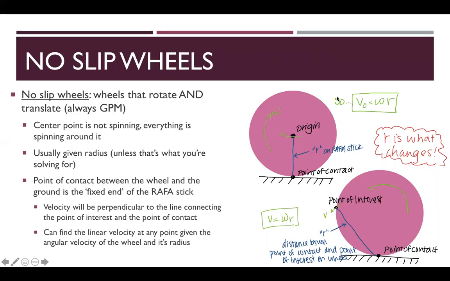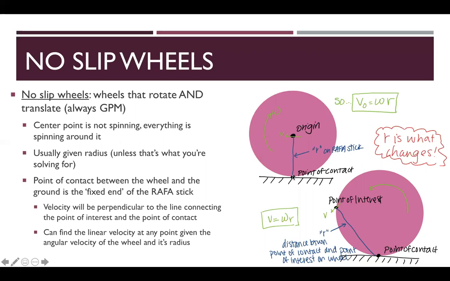With a roll comes translation. Because every point on this circle is both rotating and translating, it's always going to be general plane motion. You should absolutely commit that to memory because it's a common component in the problems they give on quizzes and exams.